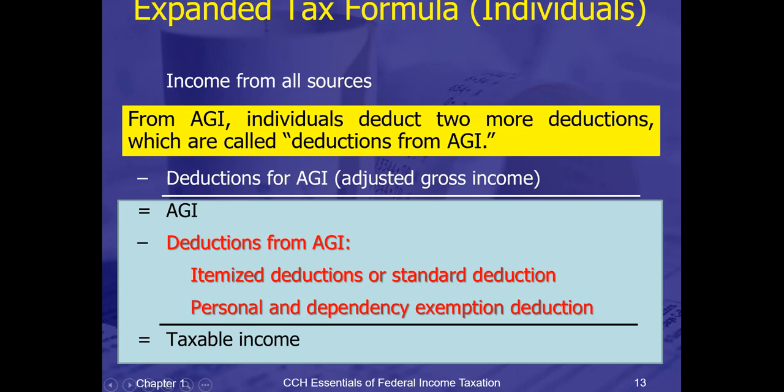So once you have your AGI, you deduct the from AGI deductions, and individuals will deduct either itemized deductions or the standard deduction, and at least for 2017, personal and dependency exemption deductions. So then we need to talk about what those mean.